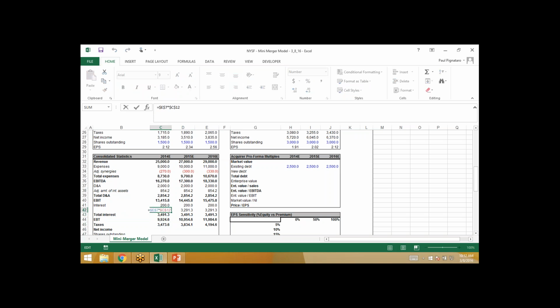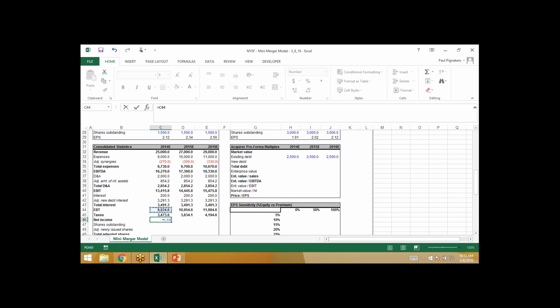Here's the new debt, Ricardo. Guys have questions on that? Okay, and the net income is EBT minus taxes, of course.